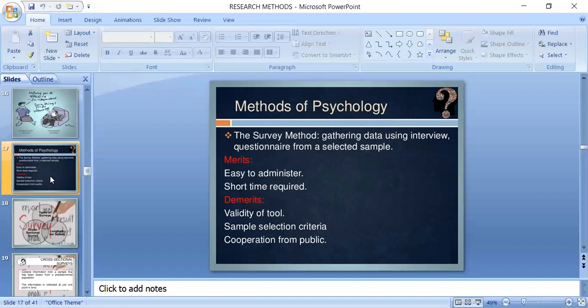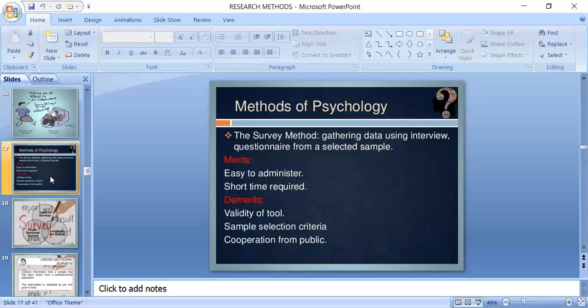In the experimental method, the basic thing is that we make a setting in a laboratory in a specific situation. Laboratory doesn't mean that you have any specific scientific equipment, beakers or voice recorders or EEG, ECG equipment.